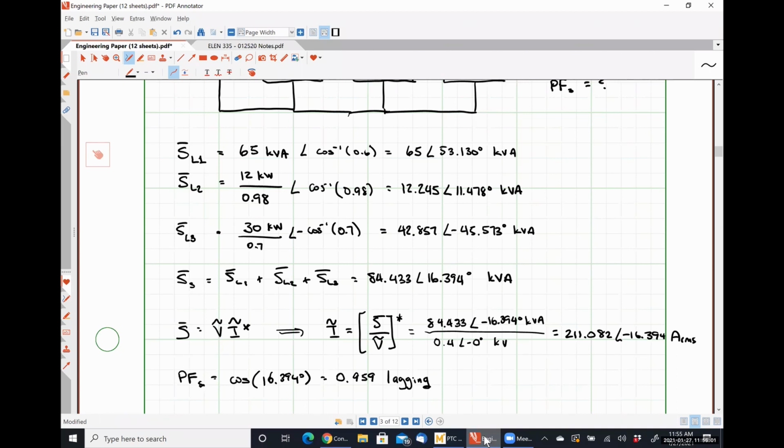Would it cause the current to go up or go down? The current will go down, right? So at the higher power factors we operate, the smaller conductors we can legally use up to code, which means we're saving money because the less copper we use, the less money we spend.